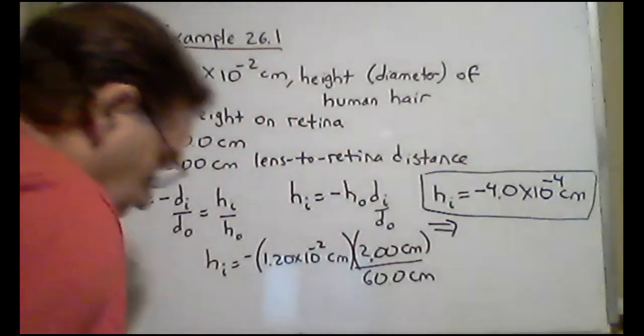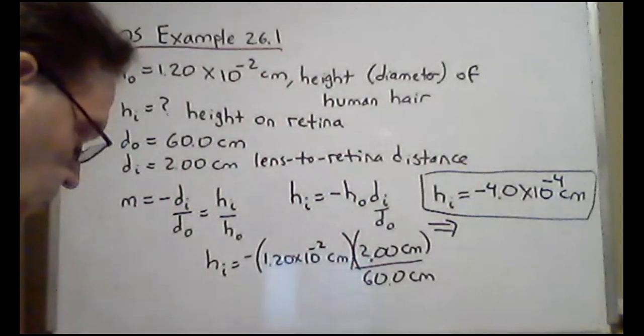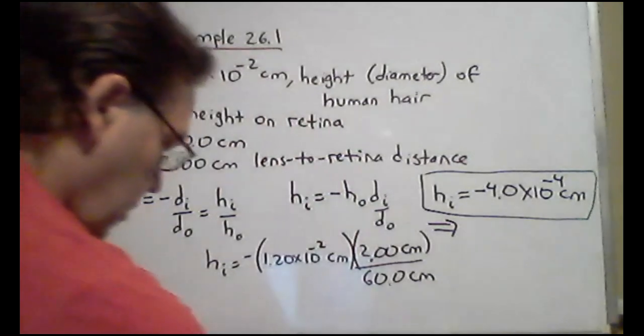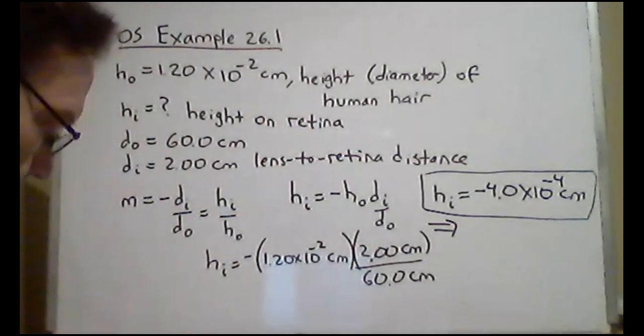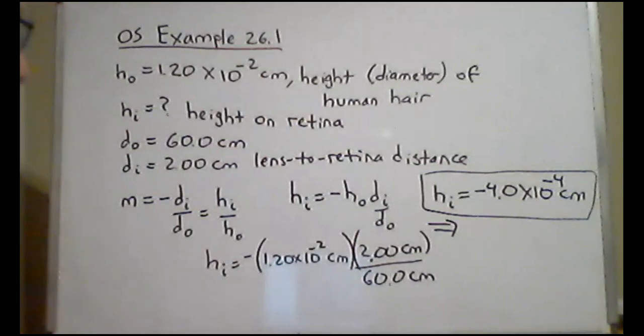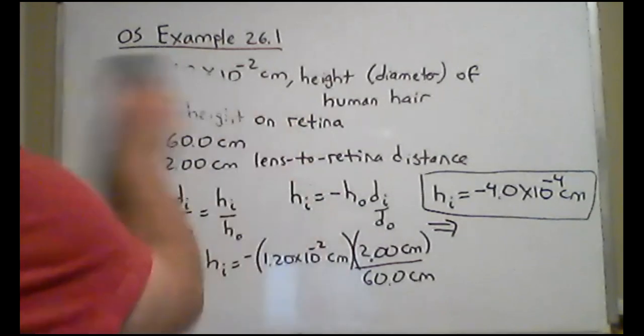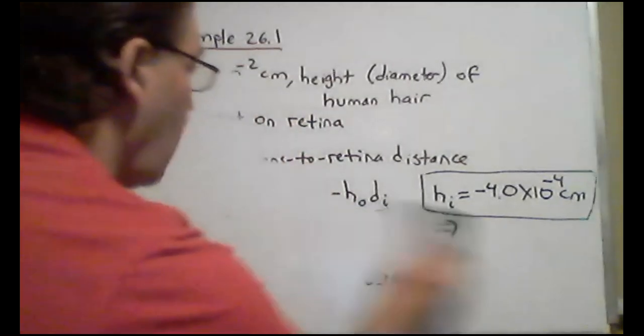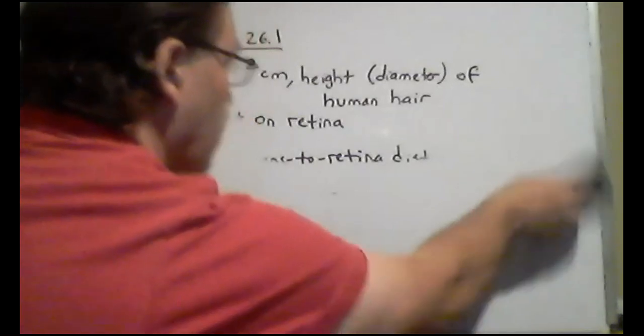All right, and there's a discussion afterwards about this size. We're talking about around 4 microns. That is small, of course, but it's not the smallest the human eye can see.